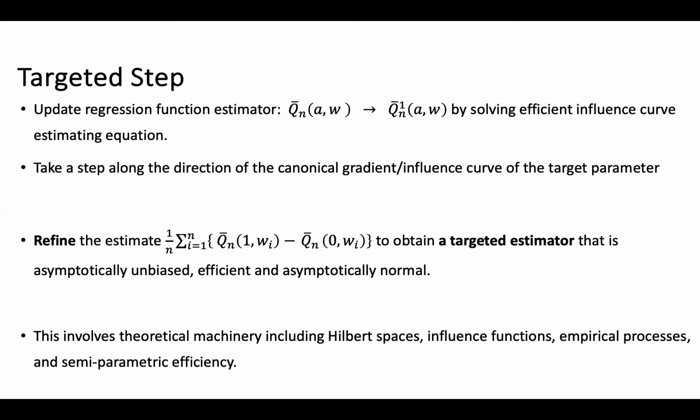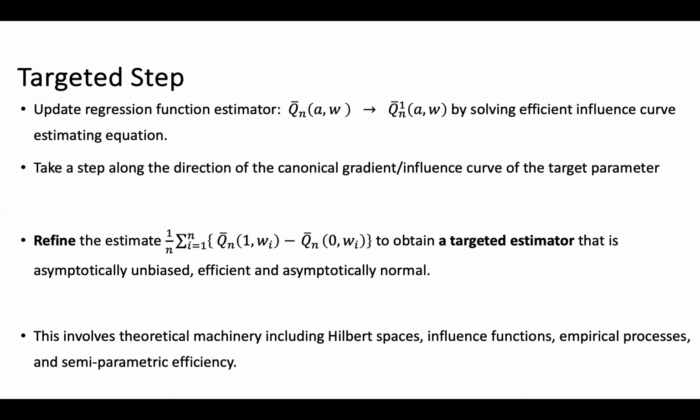And we look at the direction where that changes the most. That will be the worst possible direction, the least favorable model. And we're going to move in that direction. It's related to the score function. You move in the direction of maximal information. I'll show you the mechanics of that, what in practice that would entail.